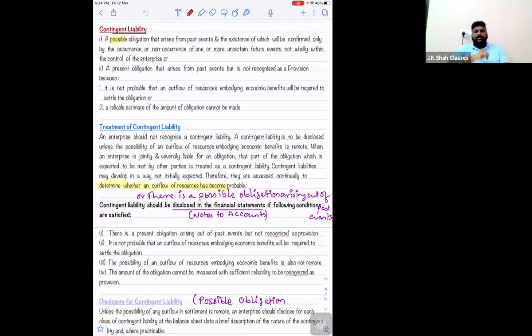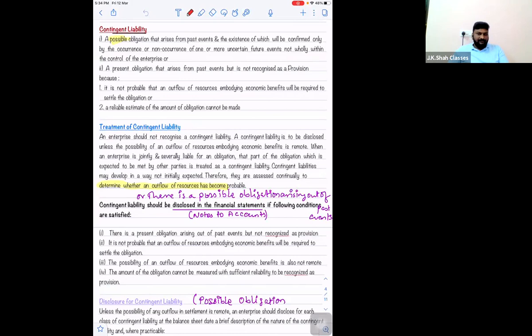Right? Now, with respect to contingency, I would like to change some small points. The first point with respect to provision is, there is a present obligation arising out of a past event. So I would just like to change the word present and put the word possible over there. So there is a possible obligation arising out of a past event.